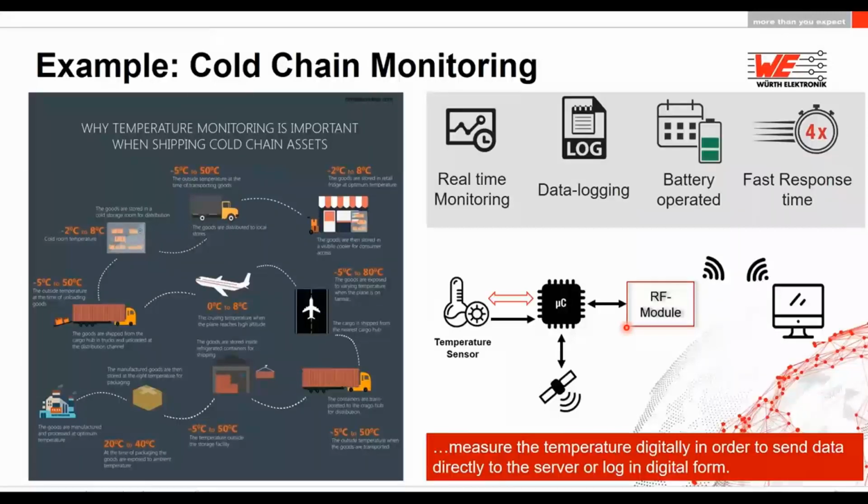All of the data is transported to a base station or a sensor node through an RF module, which can use either Wi-Fi, Bluetooth, or any other proprietary solutions. So at the end, this also requires more sensors than temperature sensors, but here we are just talking about the temperature sensor. So at the end, you need a sensor that measures the temperature digitally in order to send the data directly to the server or log directly in digital form without any further processing.